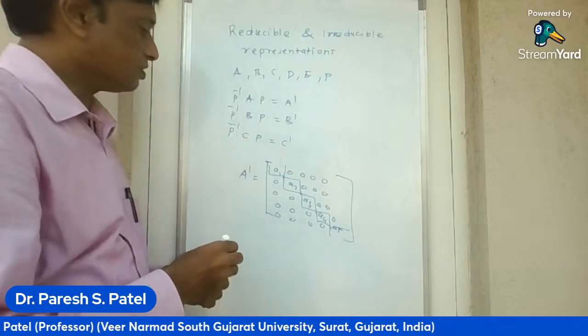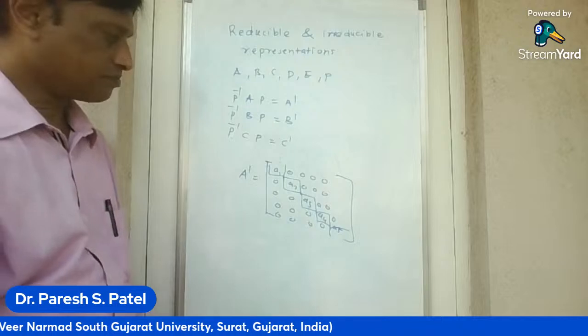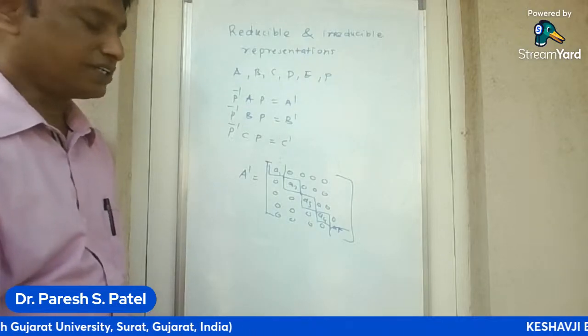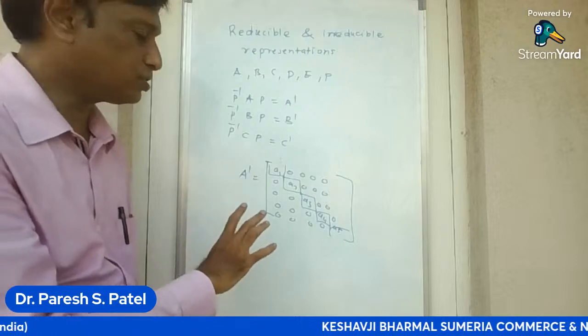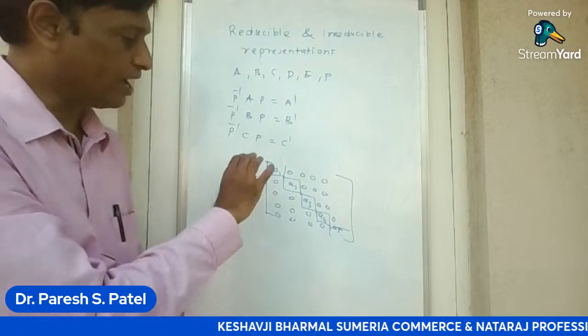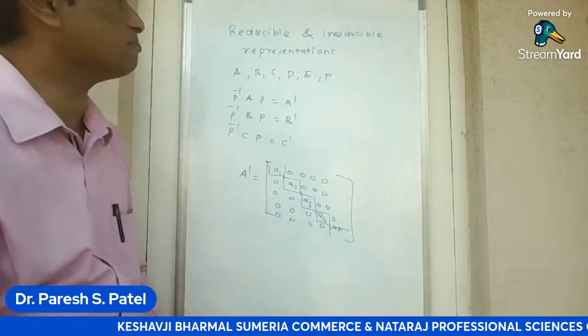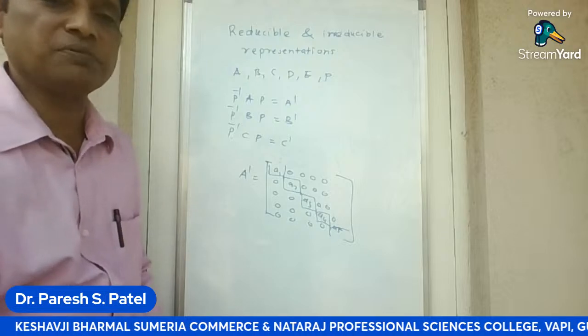This is a 5-dimensional matrix, and we can convert this 5-dimensional matrix into a lower dimensional matrix or 1-dimensional matrix. So this representation can be represented as a reducible representation.